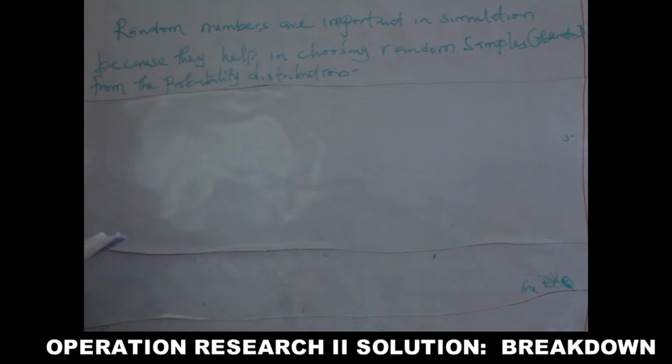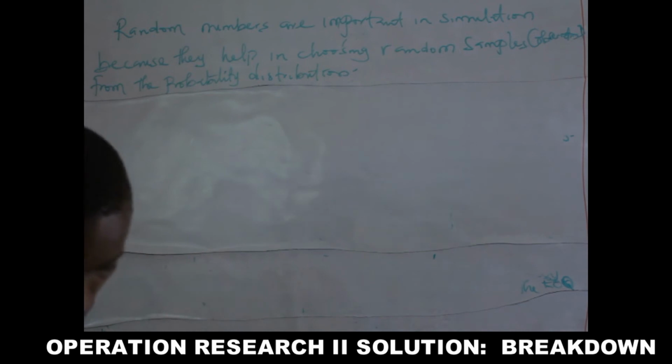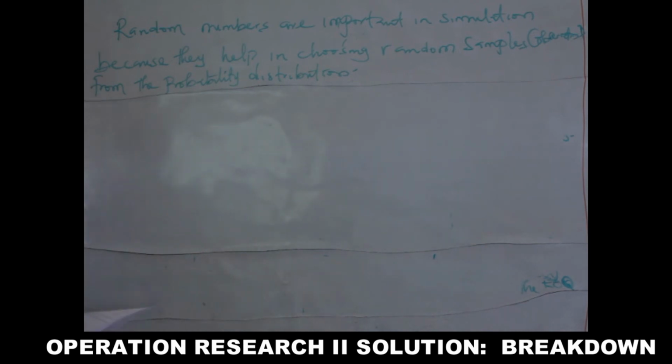Now, they ask us to mention 5 ways that random numbers can be generated. Since we now know why random numbers are important in simulation, we have to look at the ways in which we can generate random numbers.